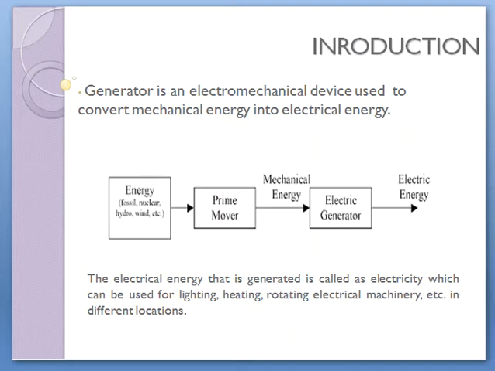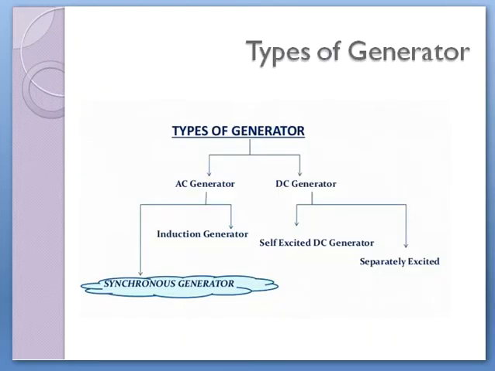This electrical energy that is generated is called electricity, which can be used for lighting, heating, rotating electrical machineries, etc. in different locations.